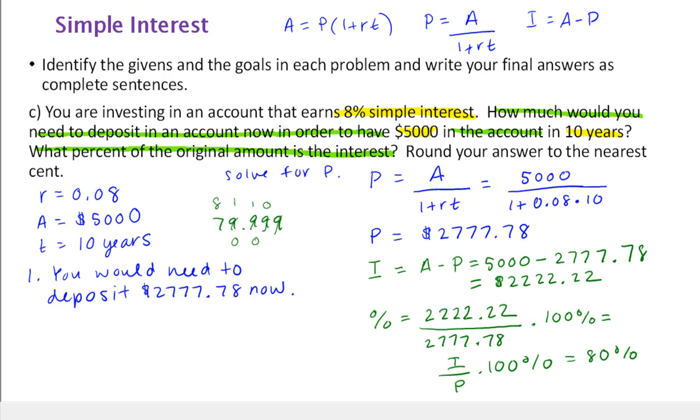And our second answer, we were asked what percent of the original amount is the interest, and we would answer the interest is 80% of the original amount.